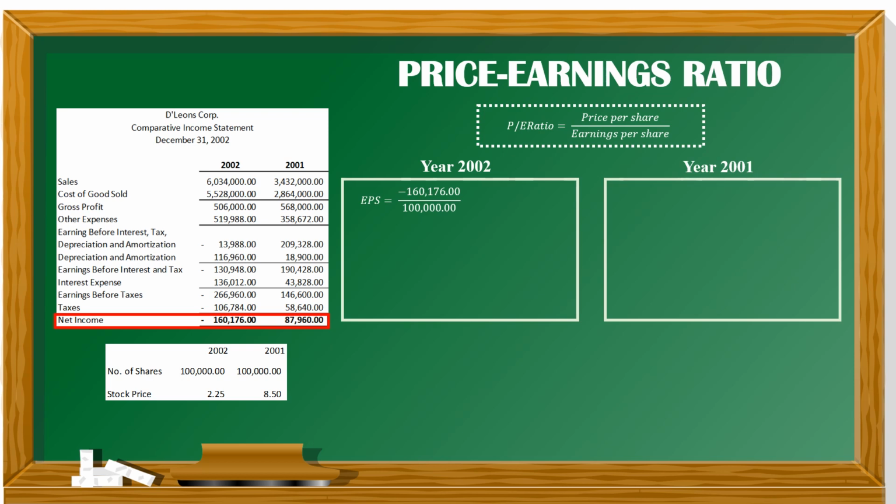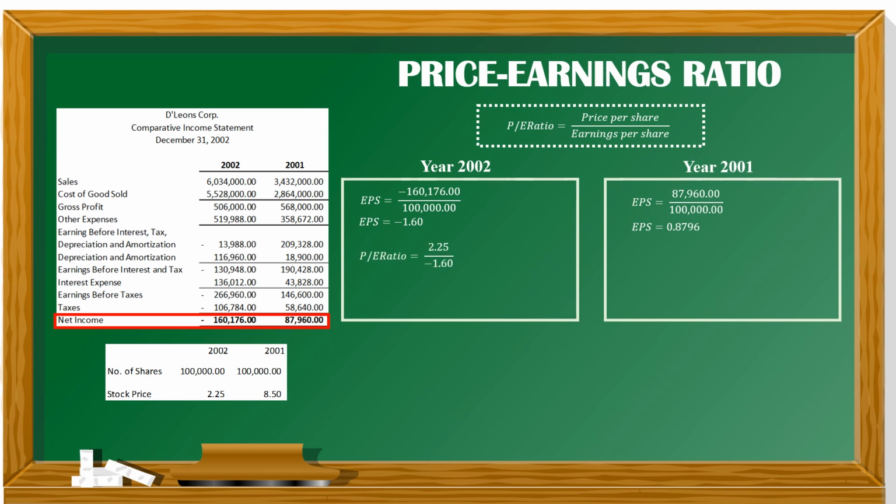Here, in 2002, we have a negative 160,176 net loss, divided by 100,000 total number of shares. And in 2001, we have 87,960 net income divided by 100,000 number of shares. So here in 2002, we have an EPS of negative 1.6, while in 2001, we have an EPS of 0.8796.